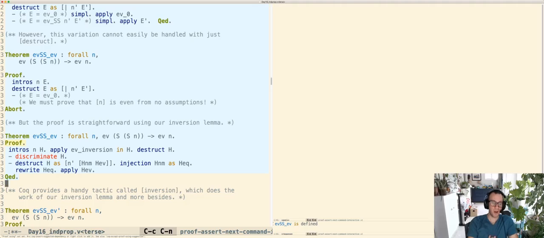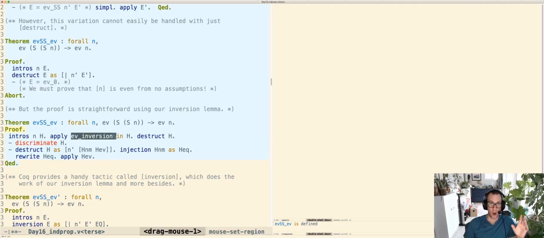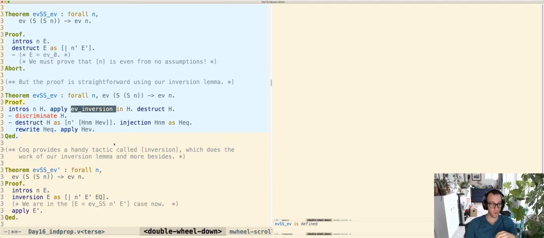So you might feel your heart sinking in your chest now, being like, so we're gonna have to prove like a dozen of these inversion lemmas, and we're gonna have to do this insane destruct, injection, rewrite shenanigans all the time? No. This logic and the inversion lemma are all packaged up into one extremely powerful, super cool Coq tactic called inversion.